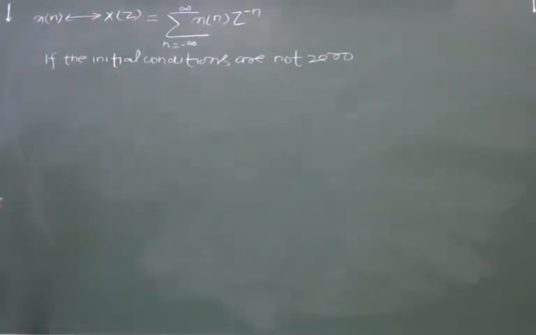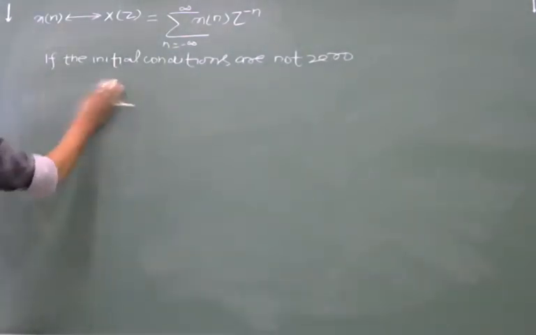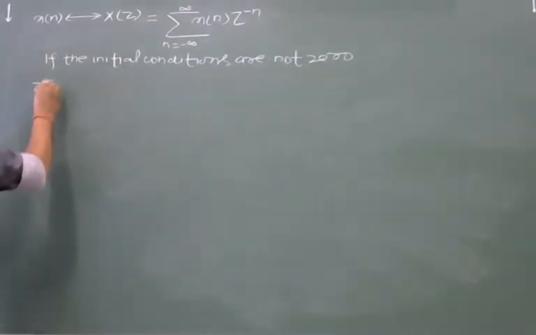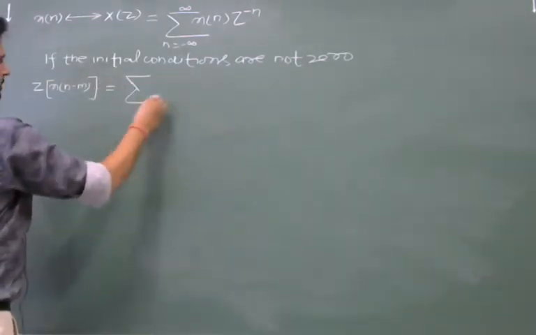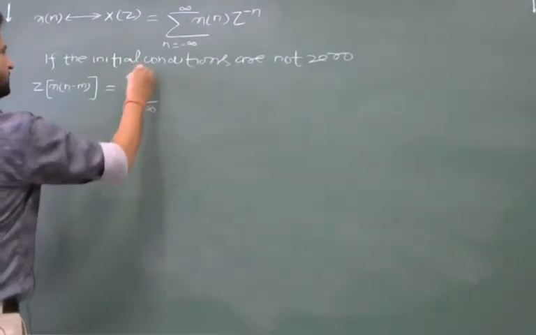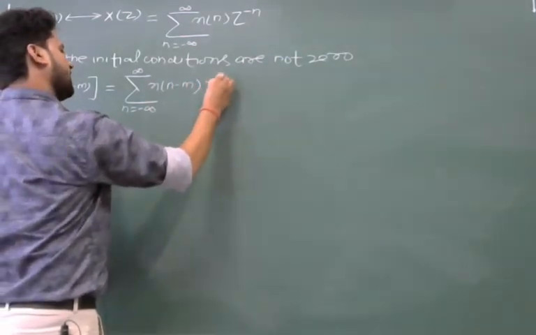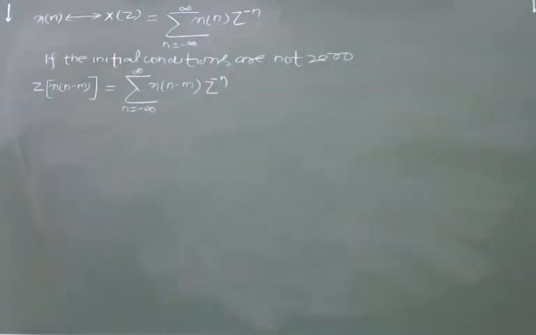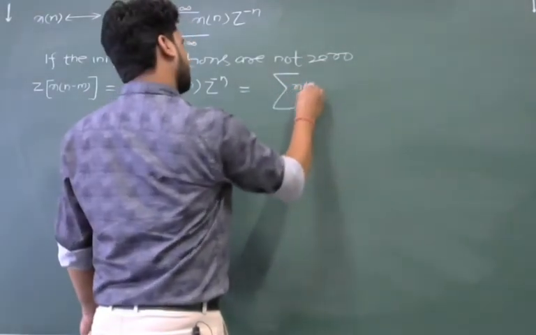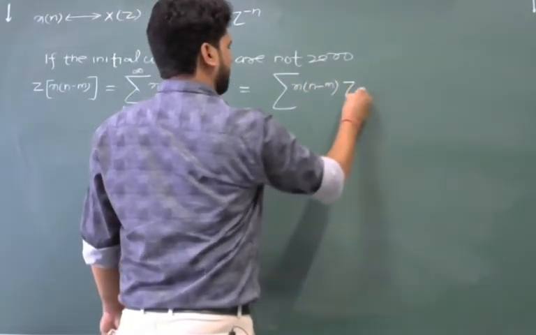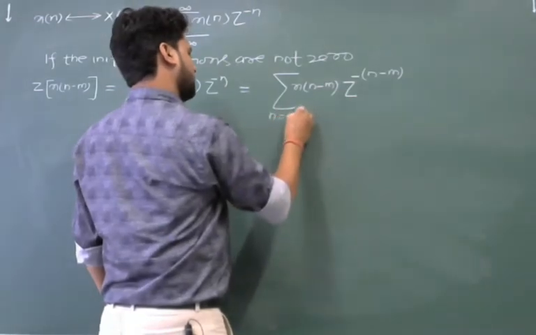So in that case I can write the z transform of x of n minus m as sigma n from minus infinite to plus infinite x of n minus m into z power minus n, or we can write it in this way also, sigma x of n minus m into z power minus n minus m, where n is from minus infinite to plus infinite.